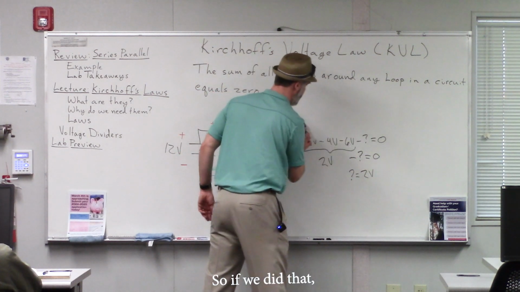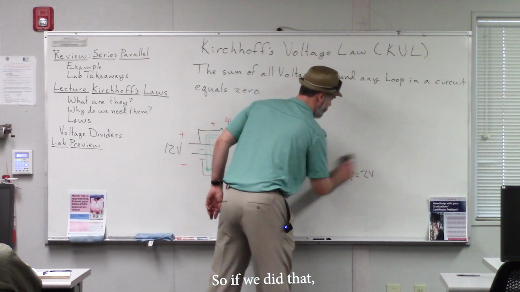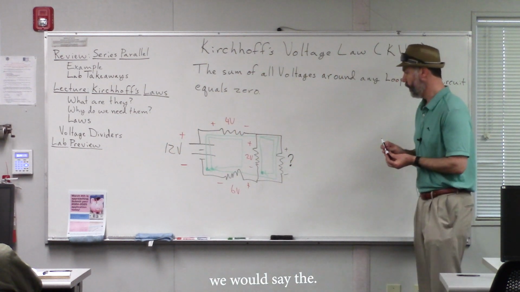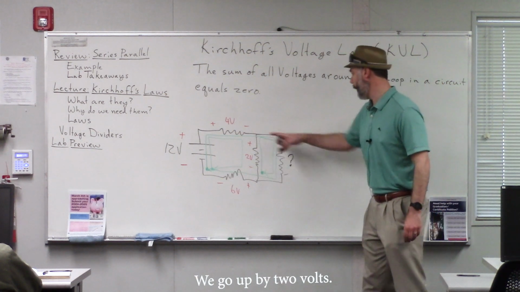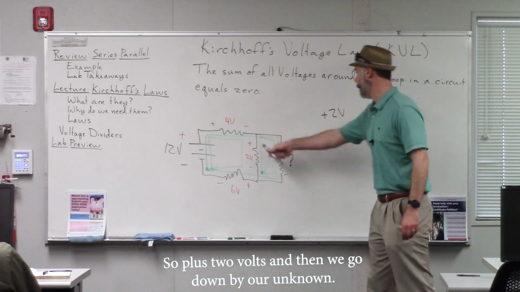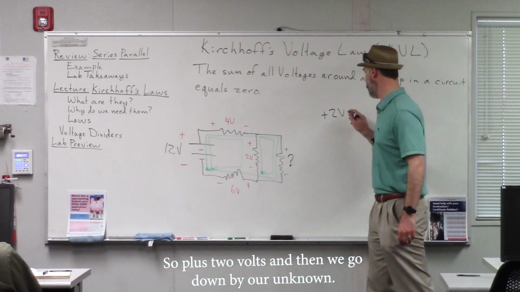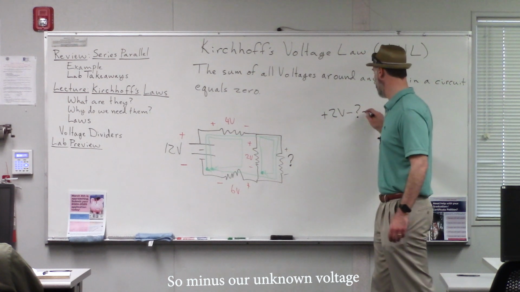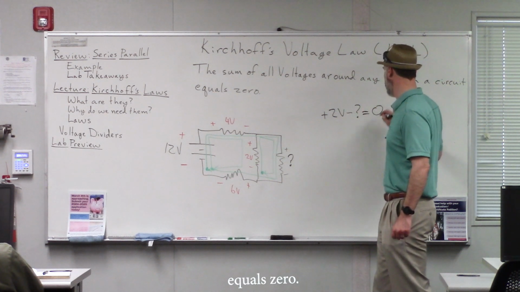So if we did that, we're just starting there. We go up by 2 volts, so plus 2 volts. And then we go down by our unknown, so minus our unknown voltage equals 0.